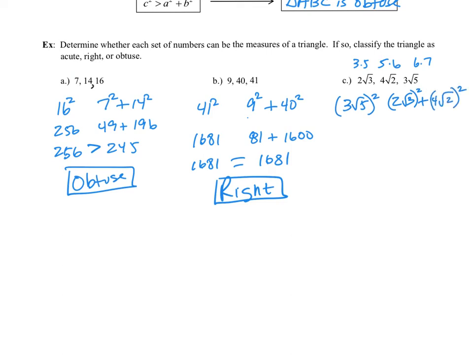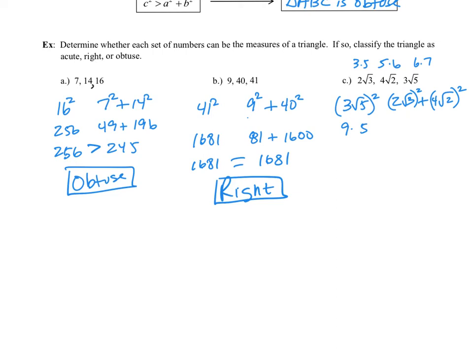Now when we square 3 times the square root of 5, we're going to take 3 times 3 and the square root of 5 times the square root of 5. So 3 times 3 is 9. If I take the square root of 5 and square it, that square is going to undo the square root. So the square root of 5 squared is just 5.